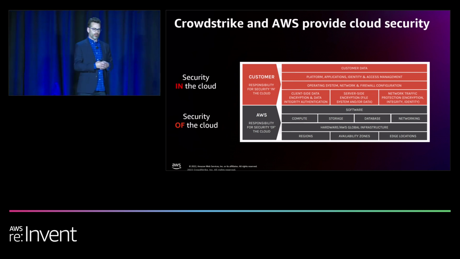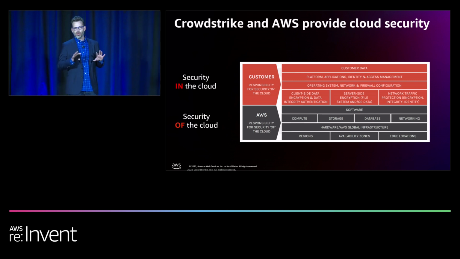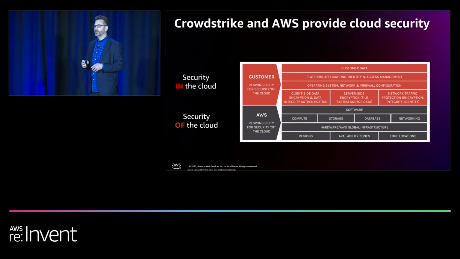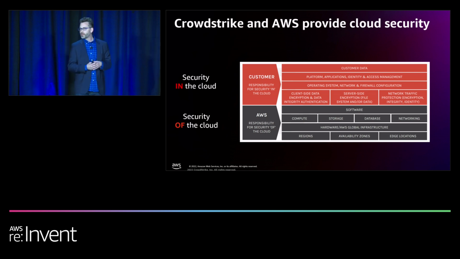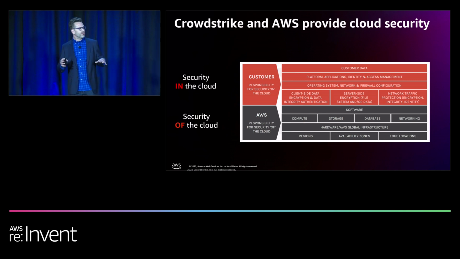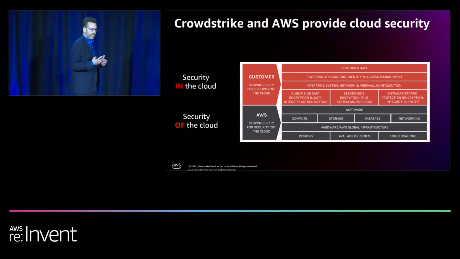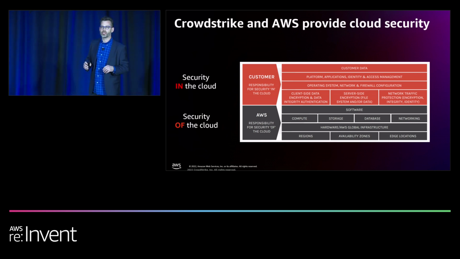AWS is responsible for security of the cloud. And that's really all of the basic building blocks, all the physical infrastructure, the data centers. This is all stuff that customers no longer have to concern themselves with. But customers are still responsible for security in the cloud. And that means that the resources, the applications, the data that customers deploy in cloud environments have to be protected, and that's the customer's responsibility.